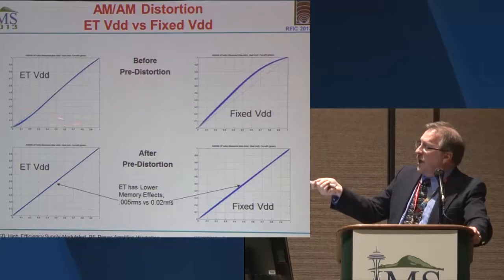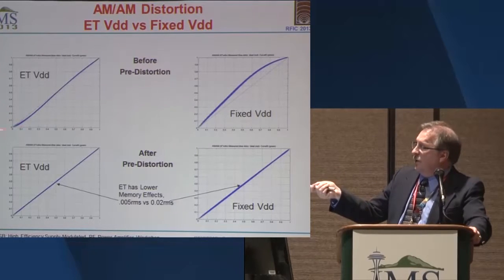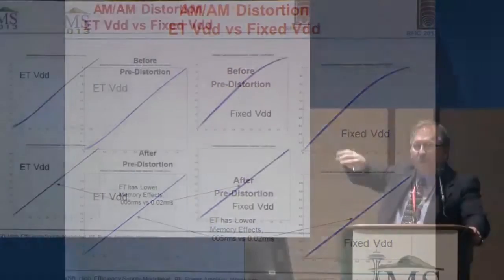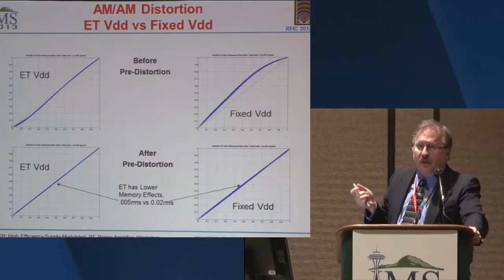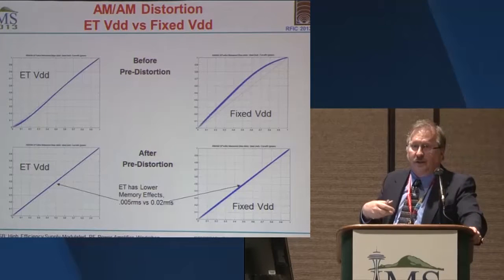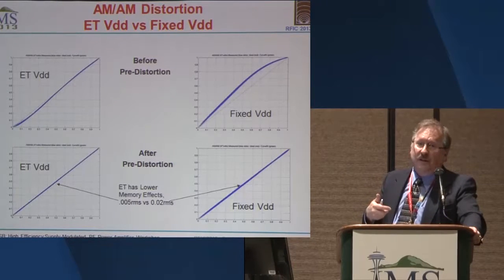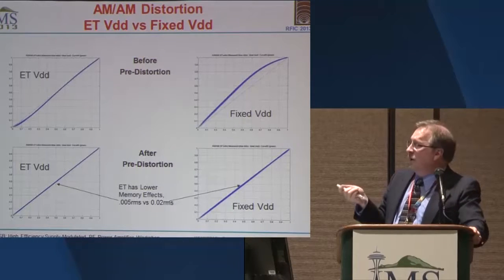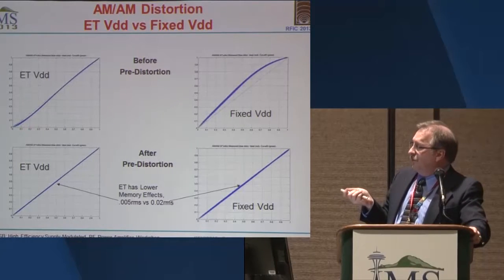This particular PA is a switch mode PA, and so what you'll see here looks like a paintbrush painting on the page. That curvature that goes up like that is a gain expansion. This happens to be a switch mode PA where the current tends to go to 0 when you turn it off, or at least very, very low values. As a result, you get a lot of gain expansion down here at the low end.